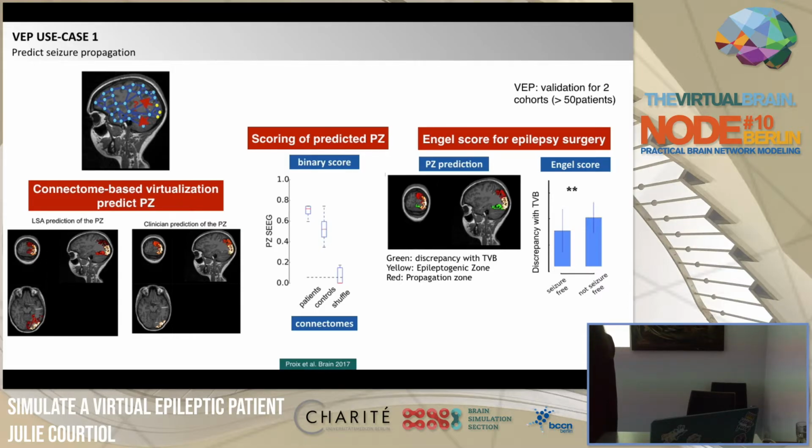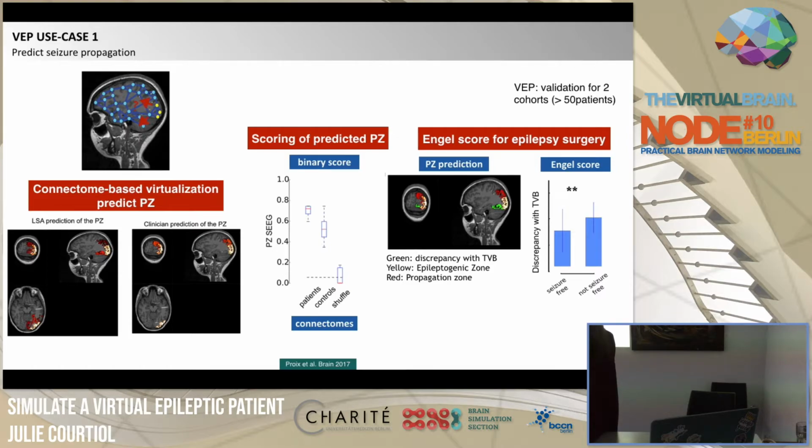Here you have the score of the predictions of this propagation zone, if we are using the individual connectome, the connectome of controls, or a shuffled connectome. And we have very high predictions when we are using the connectome of individual patients.